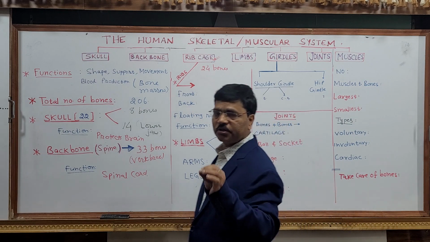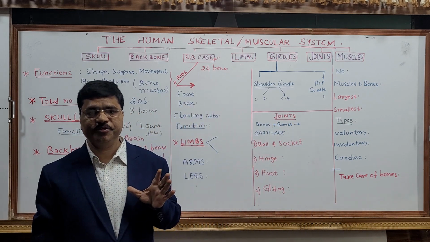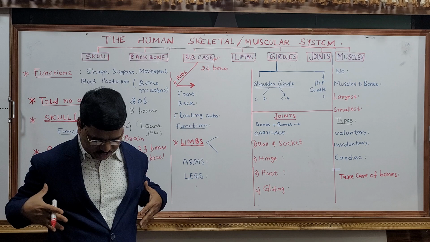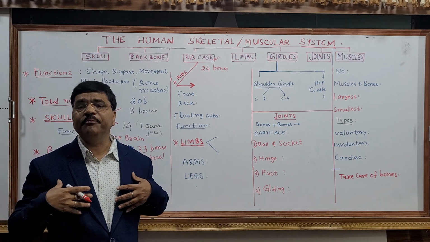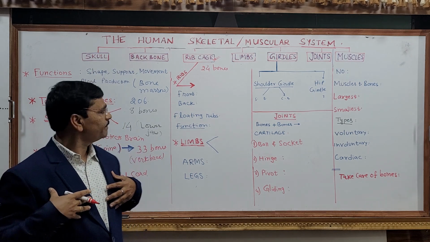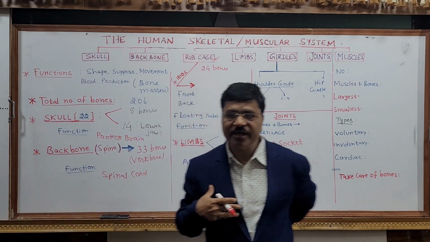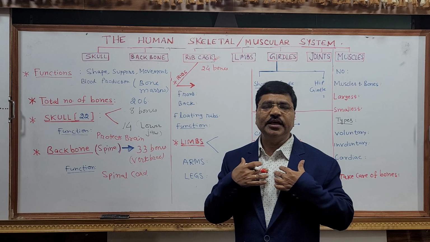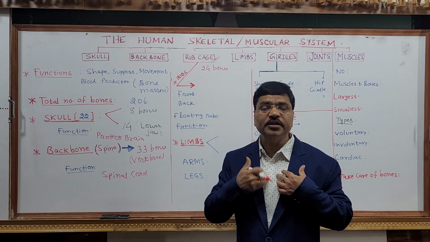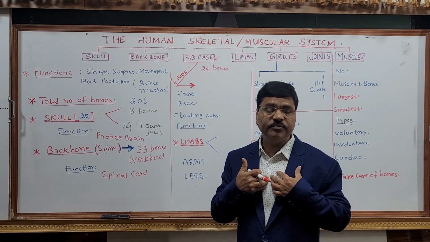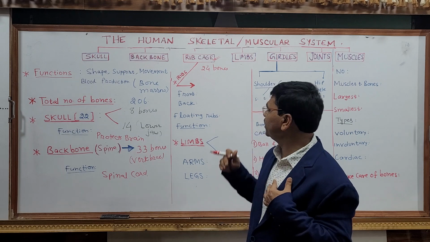So out of these 12 pairs of ribs, 10 pairs of ribs are there in the upper part of this rib cage. They are joined to the backbone at the back, and they are joined to this bone here, in the chest, in the breast. There is a bone that is called breastbone. Okay, in the front.